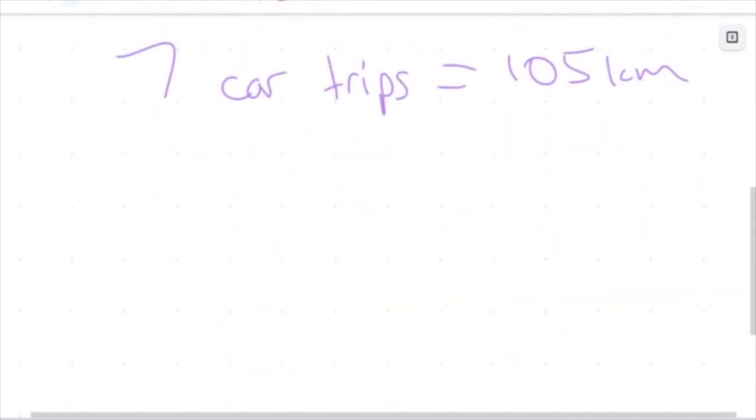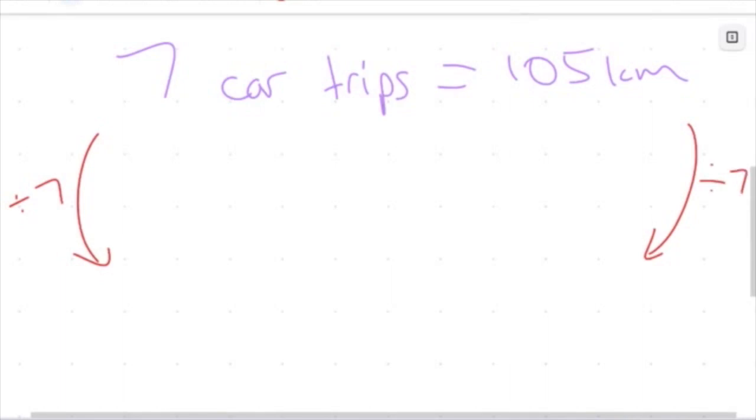So to do this, we're going to say, all right, cool, 7 car trips. Let's find out how we're going to get to one car trip. Well, we can do that by just dividing by 7. And you remember these rates work in a similar way as equations do, in the sense that what we do to one side, we do to the other side.